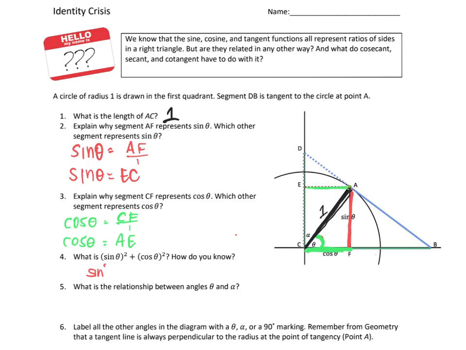So I'm going to write sine squared theta plus cosine squared theta equals 1 squared, because that's like using the Pythagorean theorem: a squared plus b squared equals 1 squared. And we know that 1 squared is 1. How do I know? Pythagorean theorem.